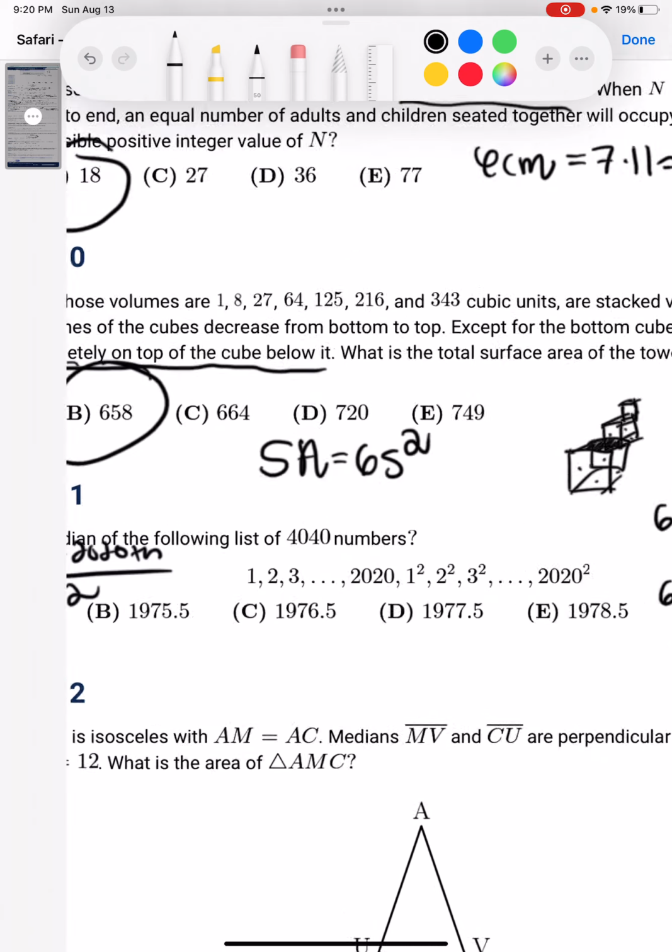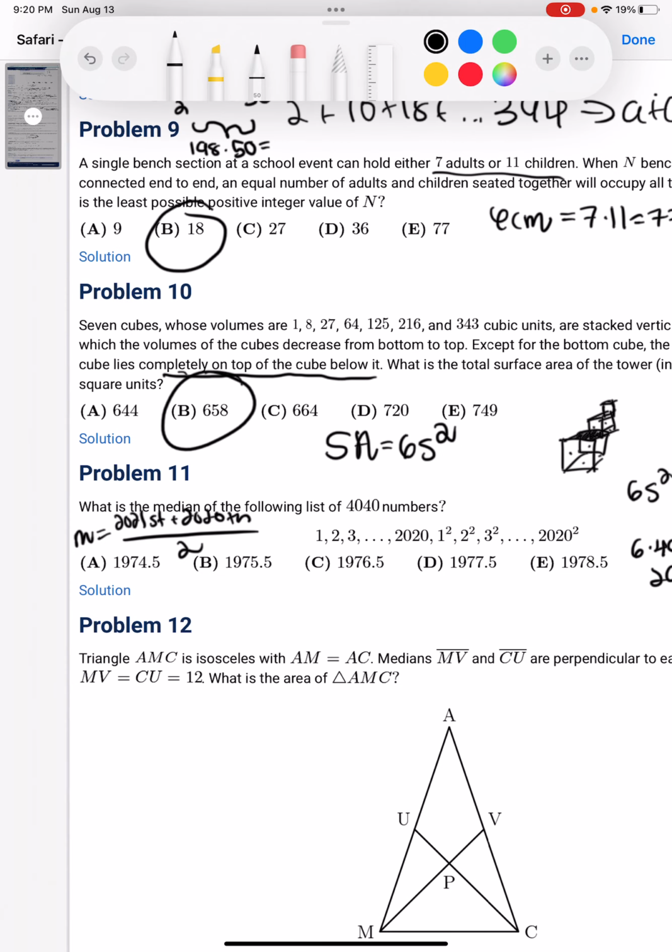Anyways, I have all these squares. I want to see what square fits in this sequence. Let's see, maybe we could try out 45. I know 50 squared is 2,500. Maybe 45 will work, hopefully.